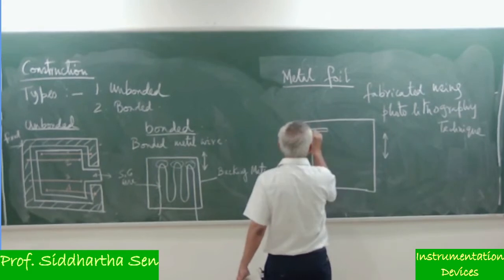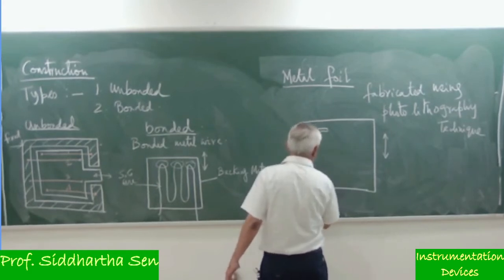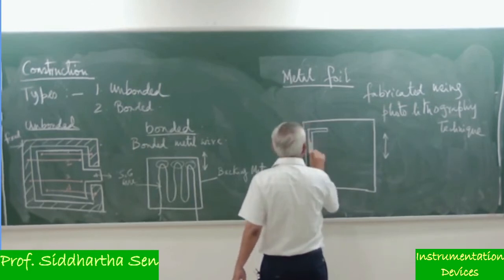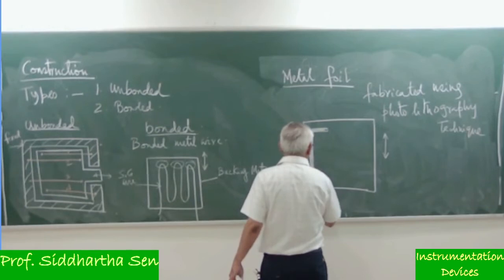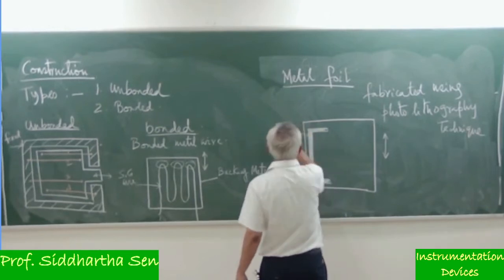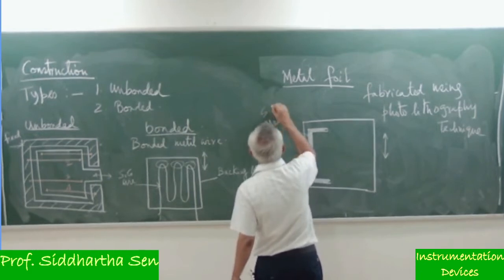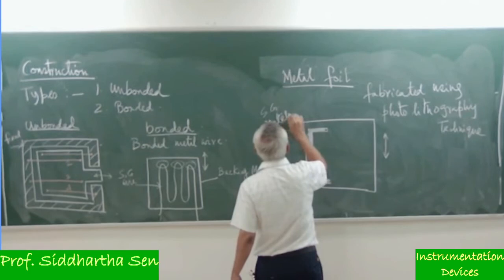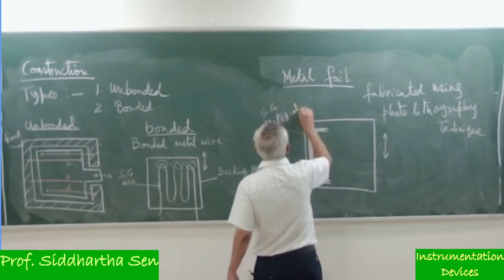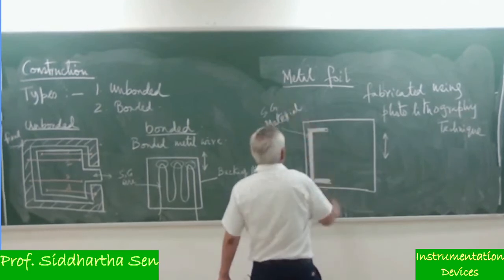These are the connecting leads. This is the metal, or strain gauge material, or strain gauge metal. I just connect it like this.